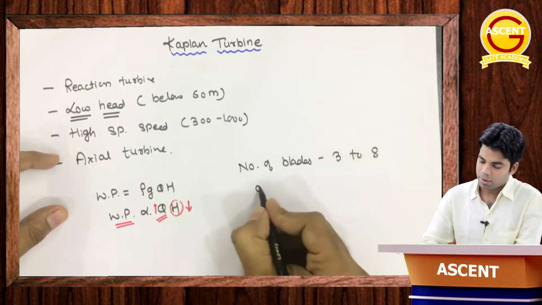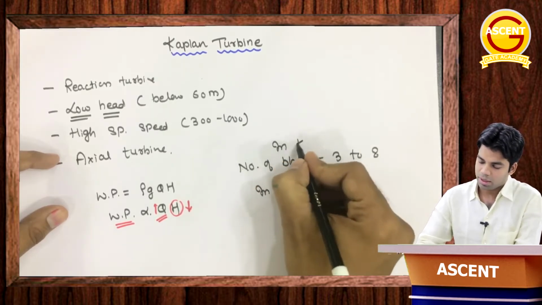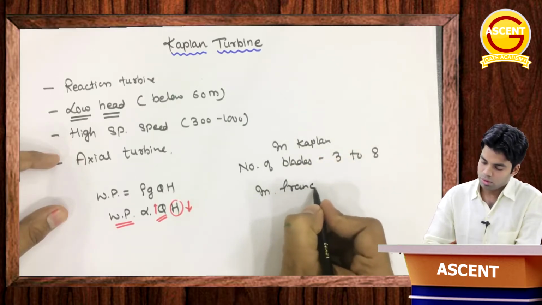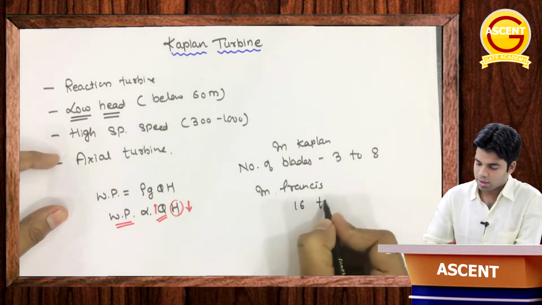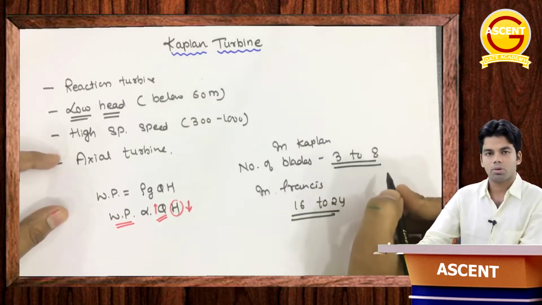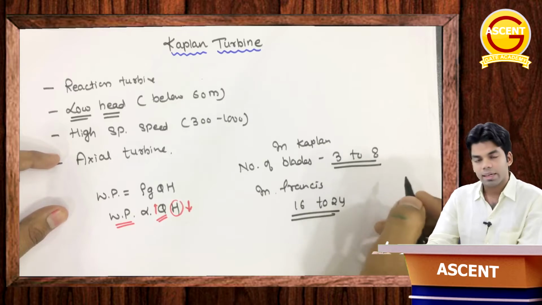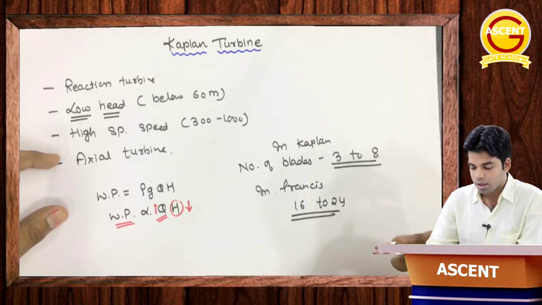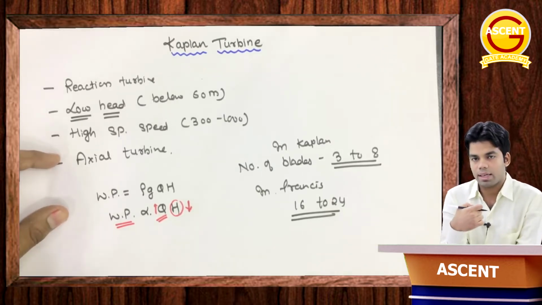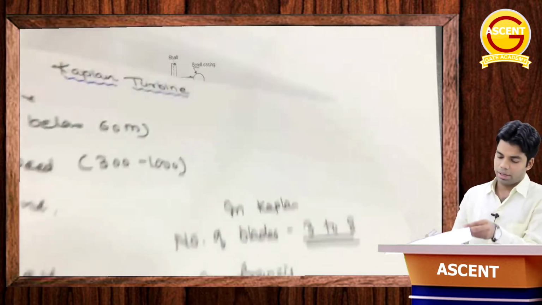In the Francis turbine, as I told you, the number of blades was 16 to 24. Here the number of blades should be less because the discharge has to be more. For high discharge, we make this an axial turbine, so the water will enter axially and exit axially, so that the discharge can be high.